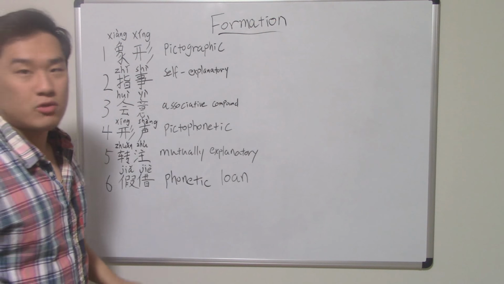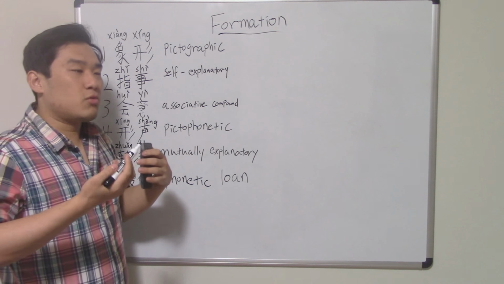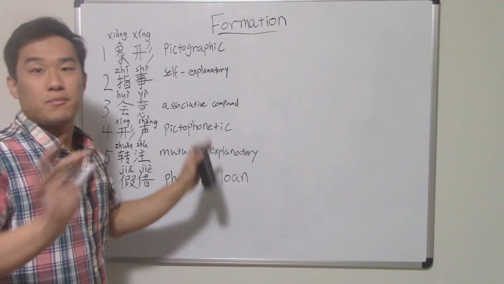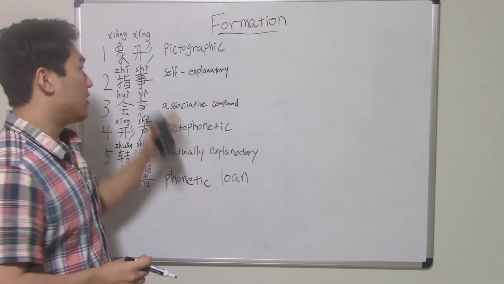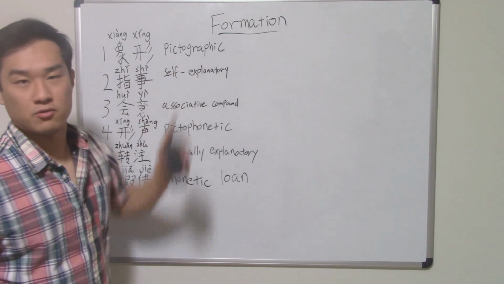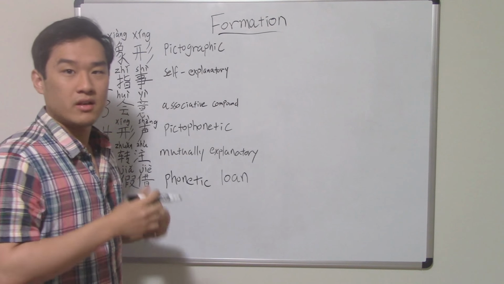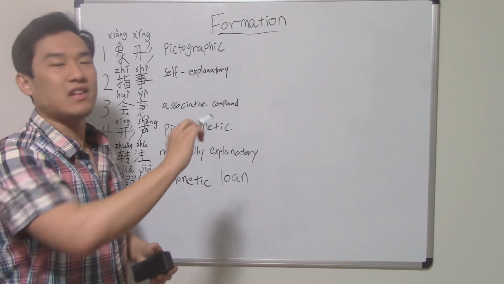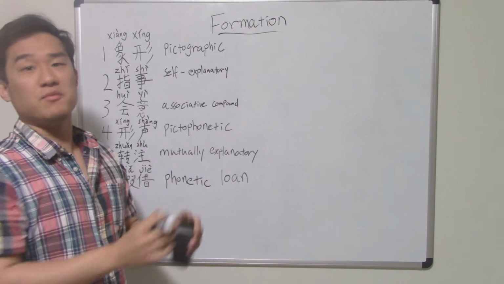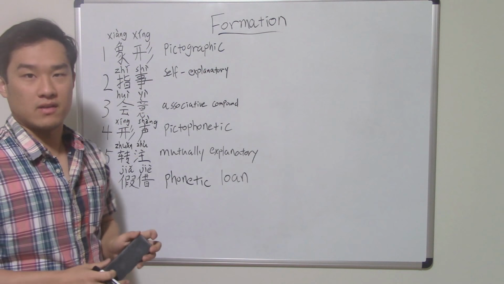So what is pictographic? I think one of the first impressions for everybody who hasn't learned Chinese is that Chinese is pictographic, which some Chinese characters are. What that means is we draw an object, and as time goes by, the drawing becomes a word. That's what pictographic is.